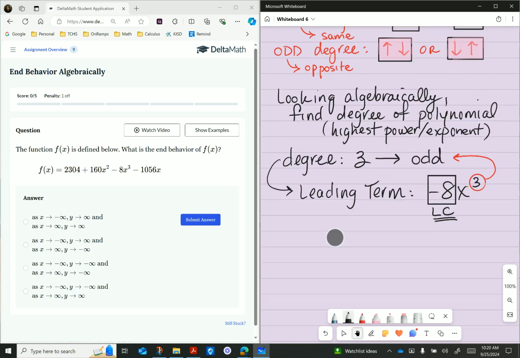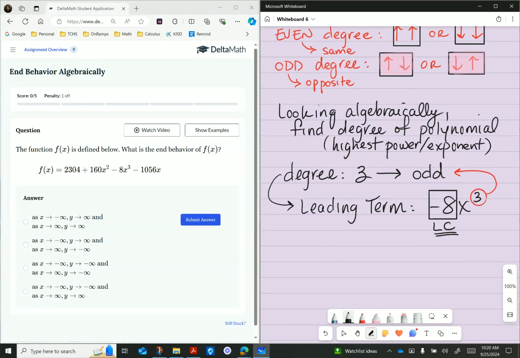My leading coefficient helps me with the direction that my arrows point in. If my leading coefficient is positive, with respect to odd functions, let me give you the two conditions here.